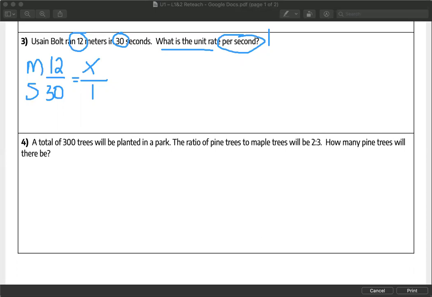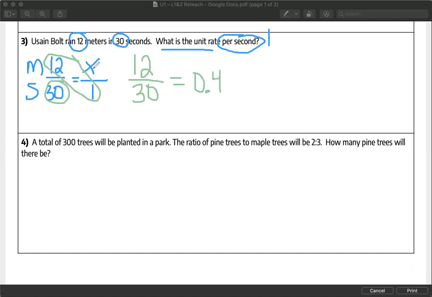And let's go ahead and solve this proportion. The diagonal this time that has 2 numbers in it is this one here. So 12 times 1 is just 12. And we divide by the number that's in the same diagonal as the variable, which is 30. I'm just going to plug that into the calculator to get my decimal answer. 12 divided by 30 is 0.4.